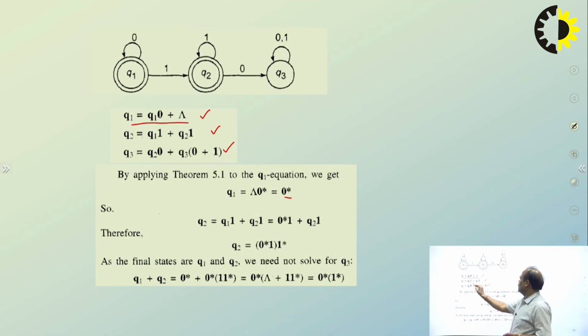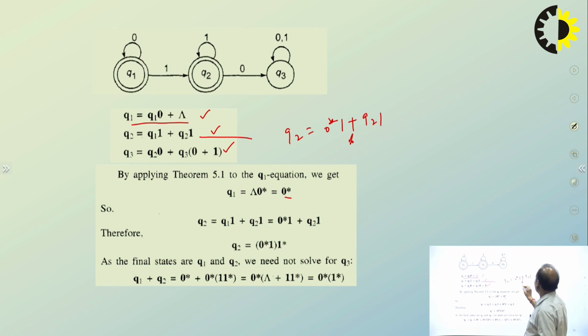And once Q1 is known, Q2 is 0 star 1 plus Q2 1. It's very simple. Now this is T, this is R, this is S. So Q2 will be T S star: 0 star 1 and then 1 star.